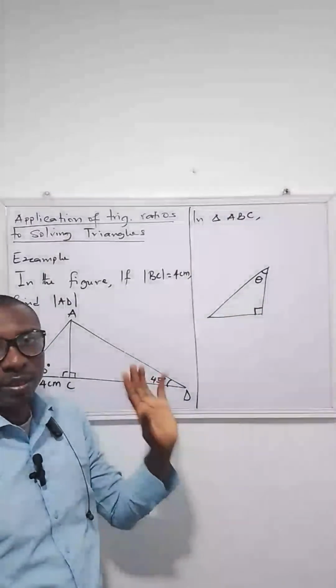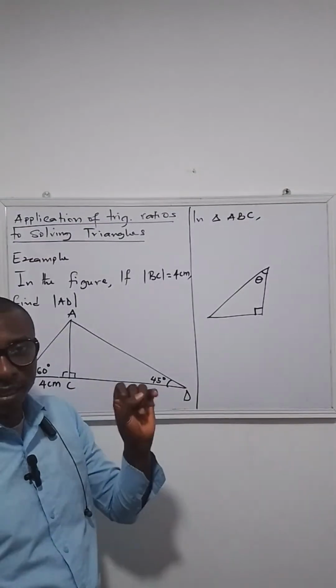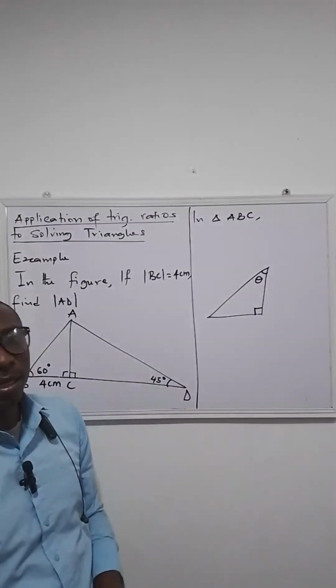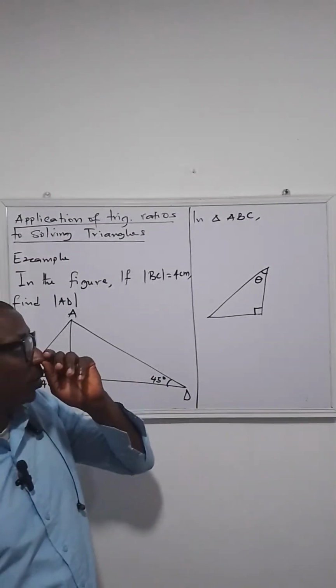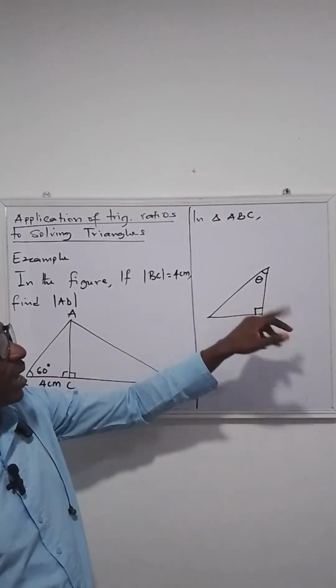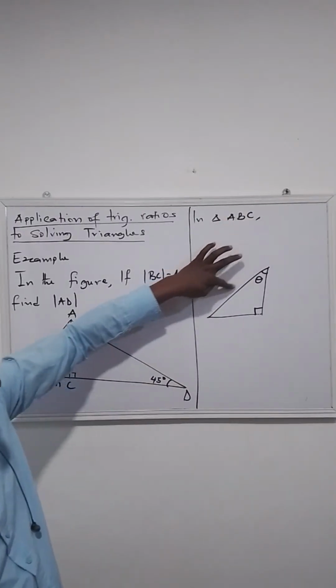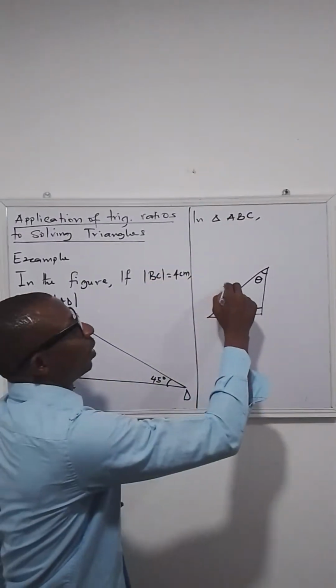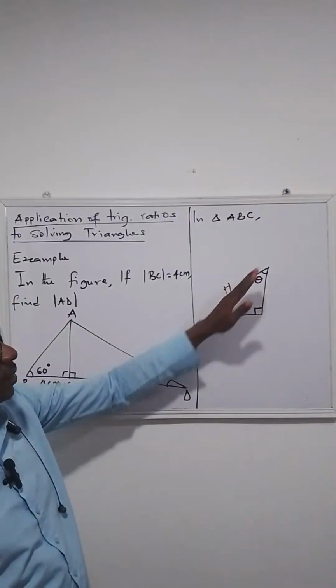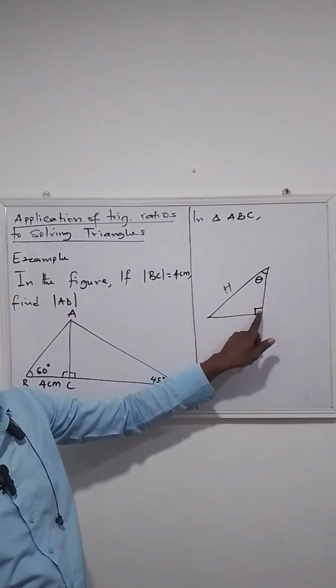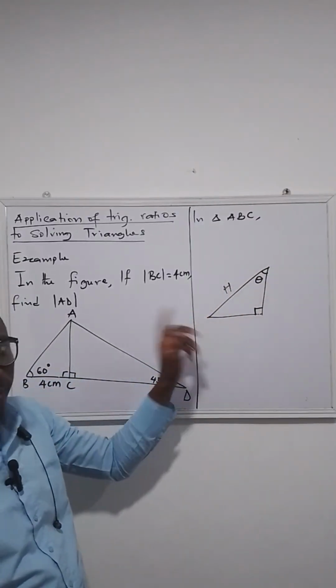Now, how do we determine the opposite, the adjacent, and the hypotenuse? The first thing is the hypotenuse. The hypotenuse is the side that is facing the right angle. This side is facing the right angle, so that makes it the hypotenuse.